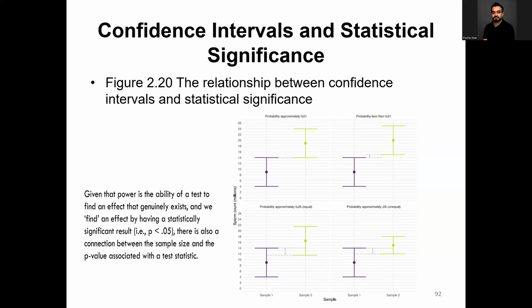We can look at the confidence interval and get an idea about the statistical significance. So here on the right side, we have an example. We have sample 1 and sample 2, and we have confidence intervals, which look like the letter I. So remember, if there is no overlap between the confidence intervals of two samples, we can be sure that our test statistic is significant, which means there is a significant difference between those two samples.